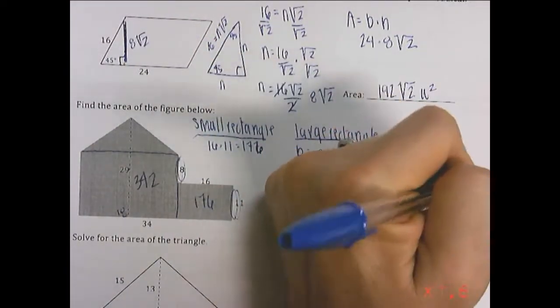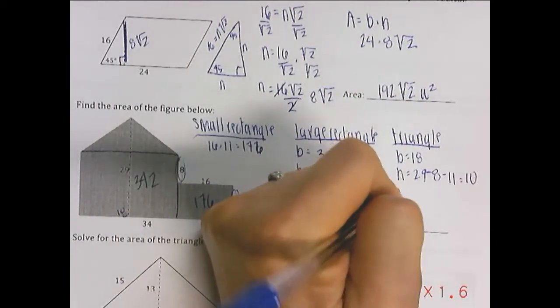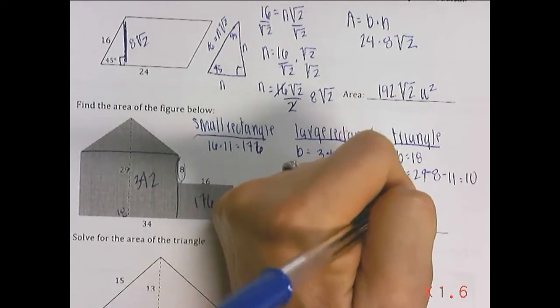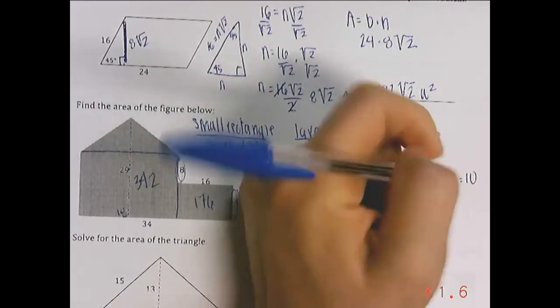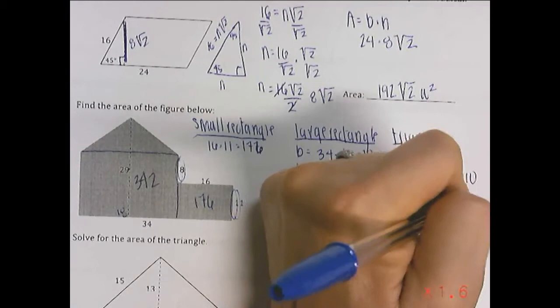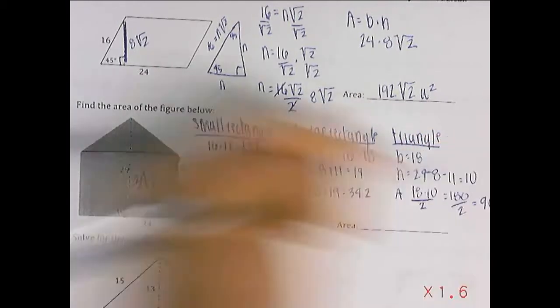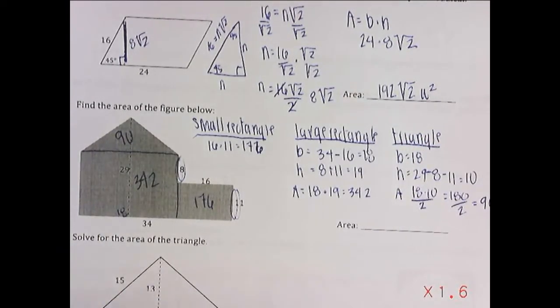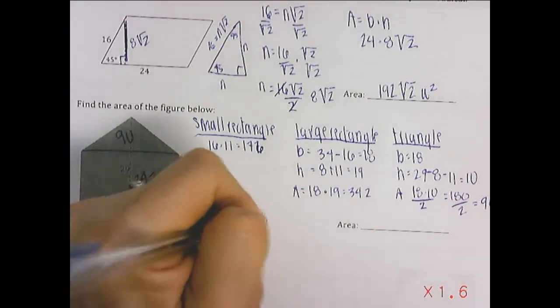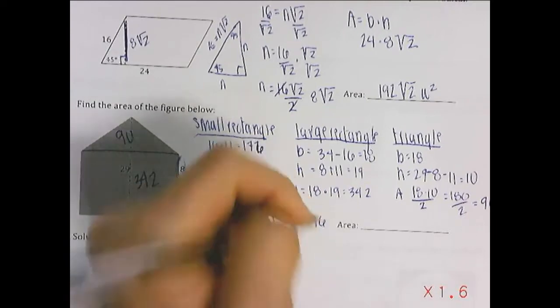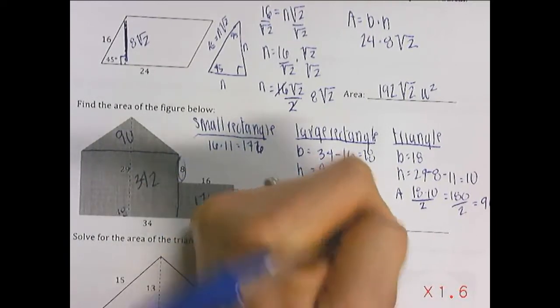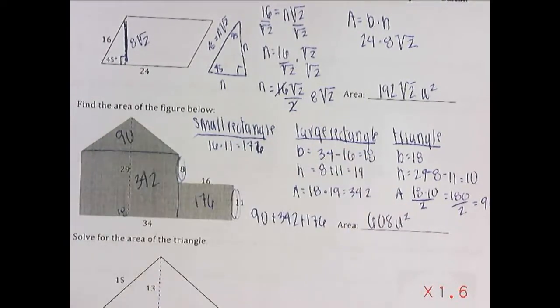And I would get 10. So I would multiply them by each other, 18 times 10, and divide by 2 because it's a triangle. I would get 180 divided by 2 and get 90. So I would add the 3 together, 90 plus 342 plus 176, and get 608 units squared.